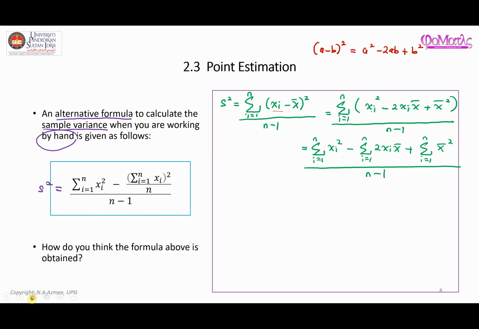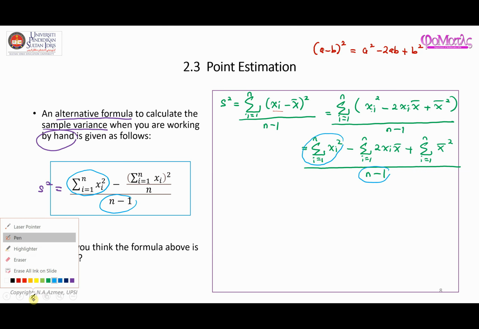So now I hope you can see that we have already obtained this part, okay, and this part is already okay as well. So what we need to do is change this part here to look like this one. Okay, right, let us do that.